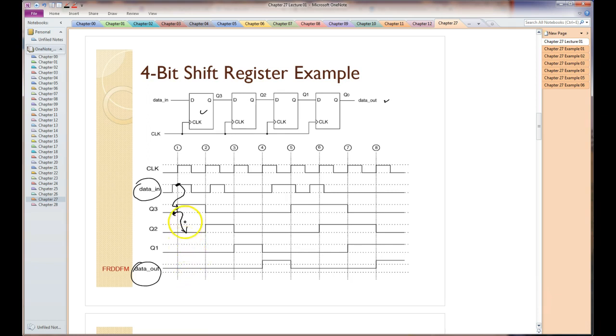The Q2 here, which is 0, gets latched into this register, and on and on. So every clock edge we see the shifts happening. What we see in this diagram is initially it's feeding in a 1, a 0, a 0, a 0 from the left side, and here it's going to feed in a 1, a 1, a 0, a 0.